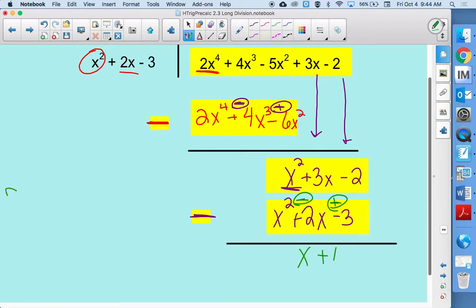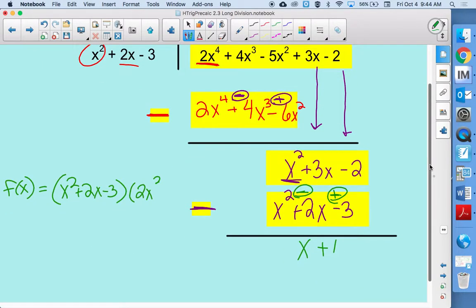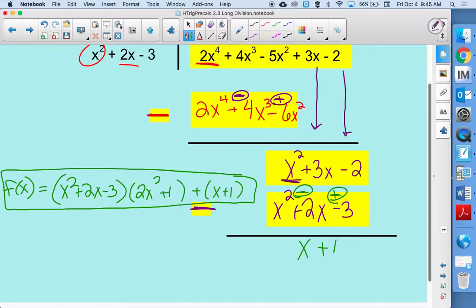So writing this here, we have x squared plus 2x minus 3, 2x squared plus 1, yep. And then my remainder is x plus 1. Questions?